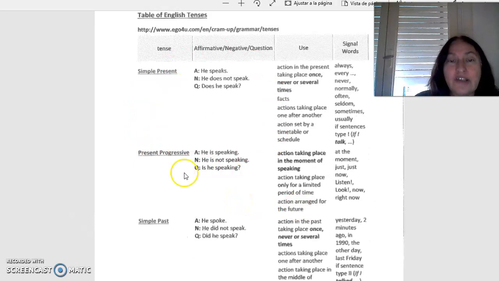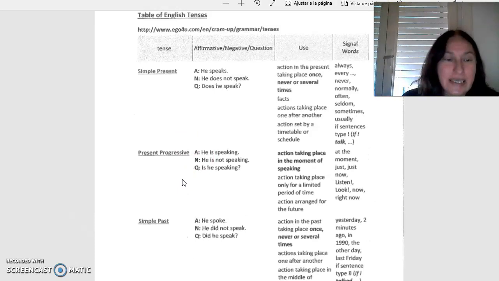Okay, in terms of how these two tenses relate, we have already seen the main difference between these two tenses. For example, let's use the present difficult situation we are going through.